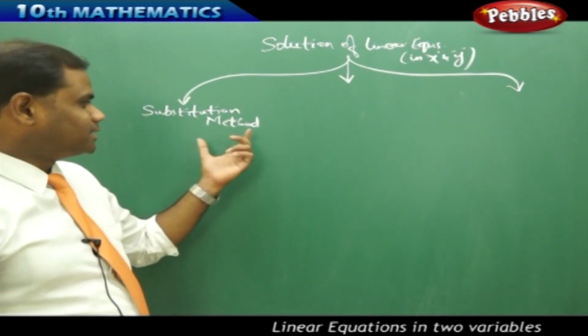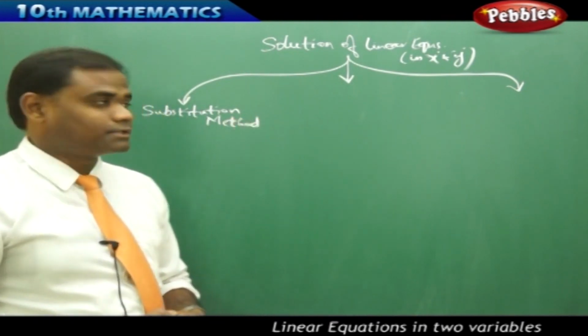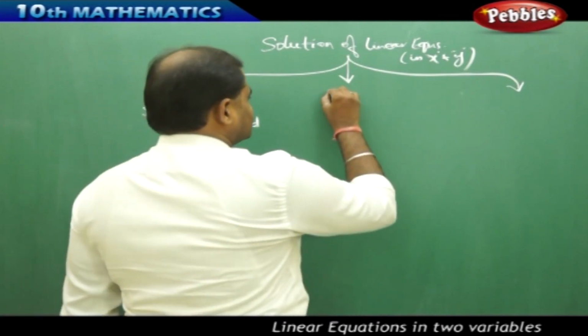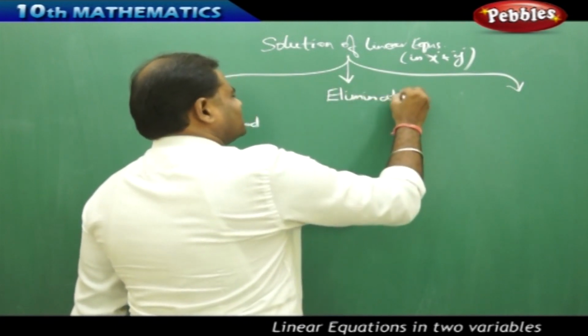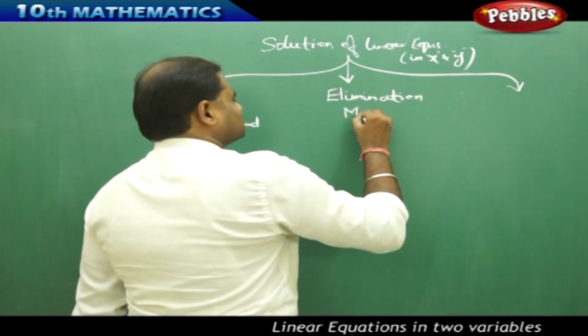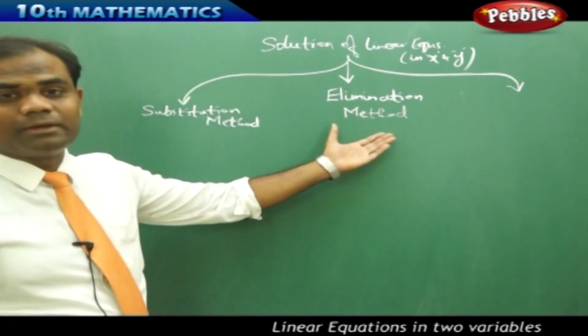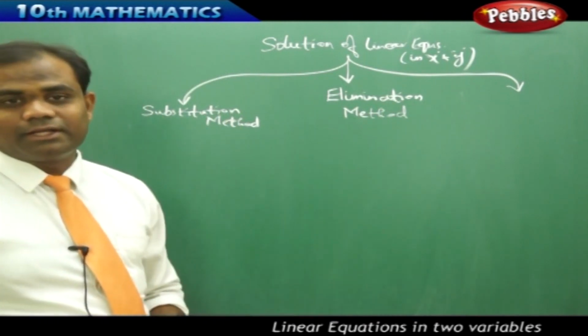So let's see in detail, but initially one of the ways of finding the solution of linear equations is the substitution method. Secondly, the elimination method, which we have already done in many of the problems. This is one of the most famous methods because it doesn't have any restrictions.